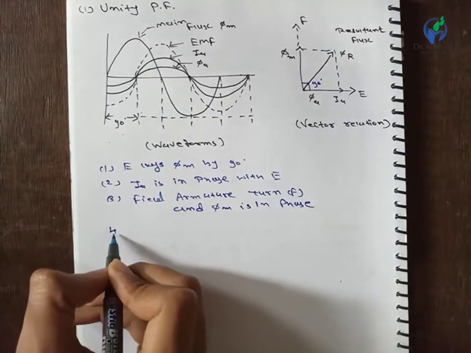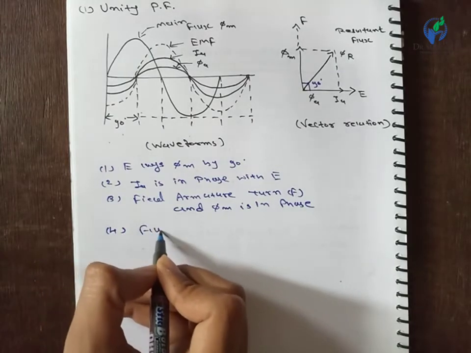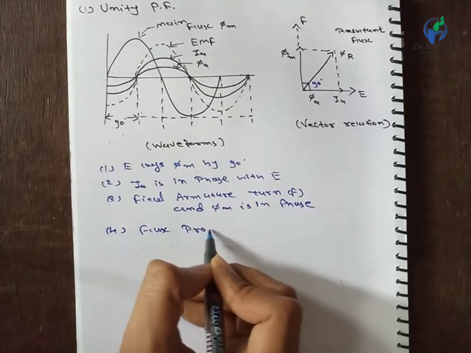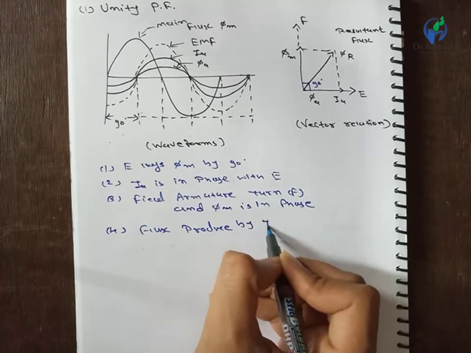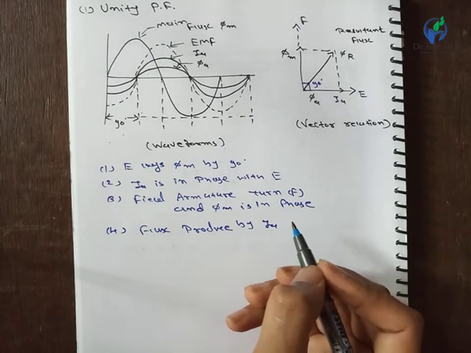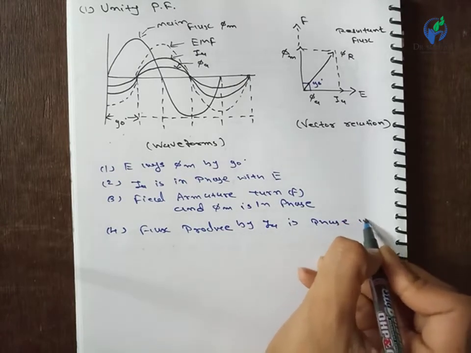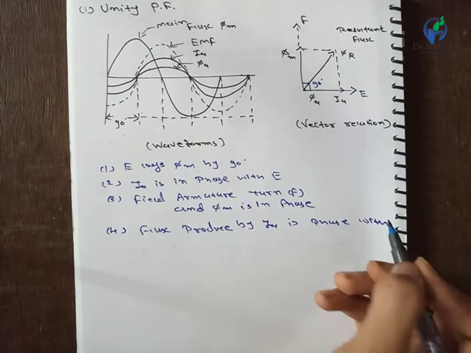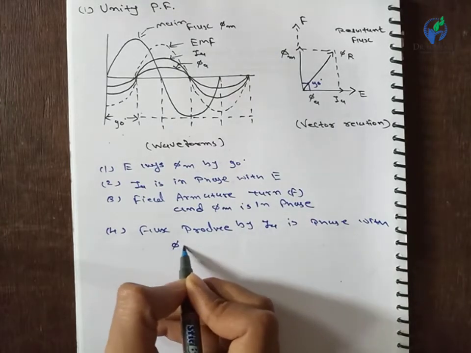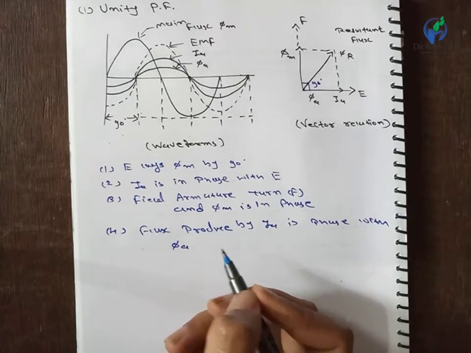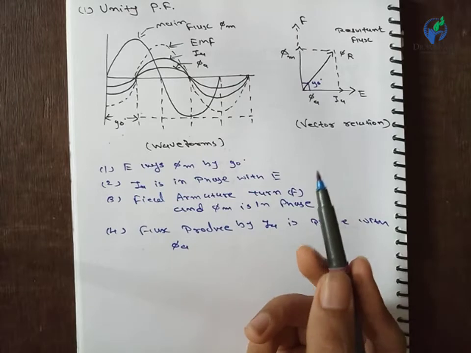The next point is that the flux produced by armature current IA is in phase with the flux phi a. These relations are shown in the following waveform and phasor diagram.